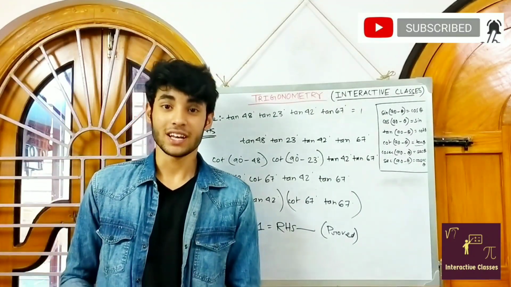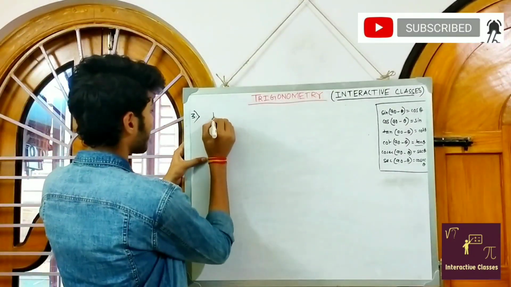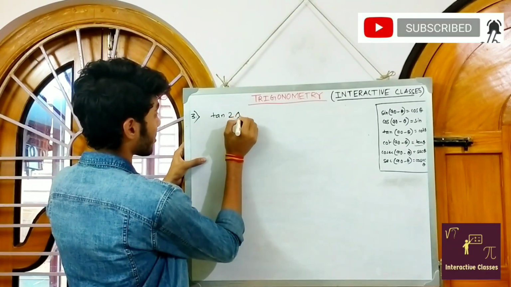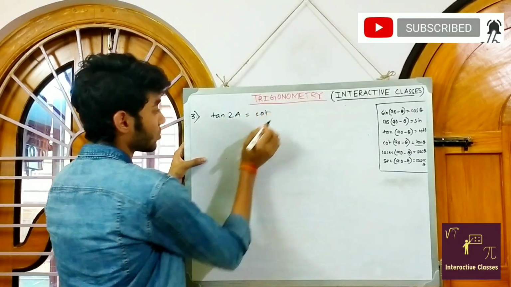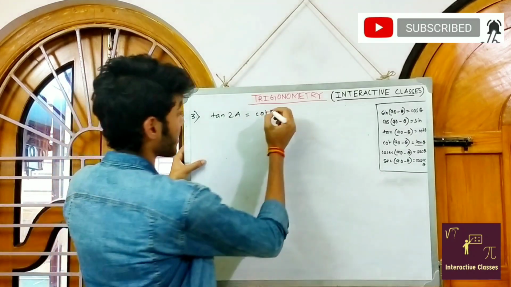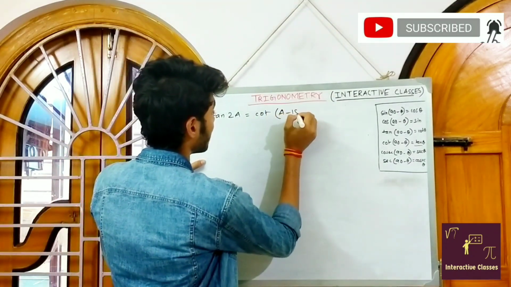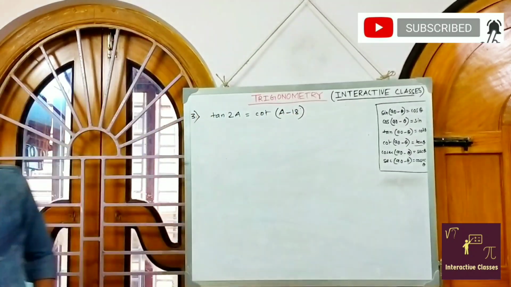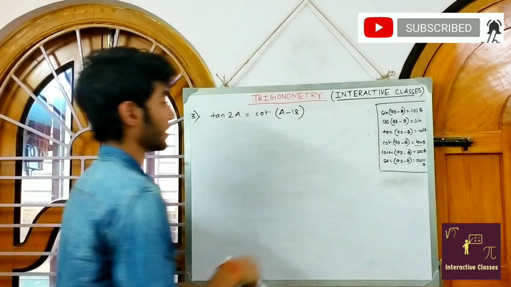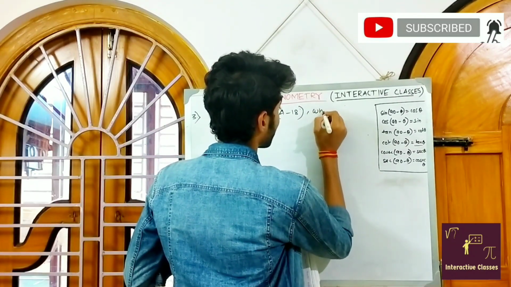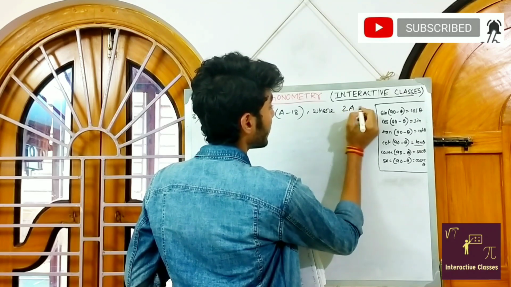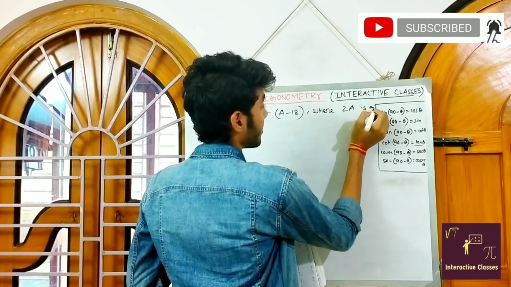So let us do another problem. tan 2A equals cot A minus 18 degree, where 2A is an acute angle.